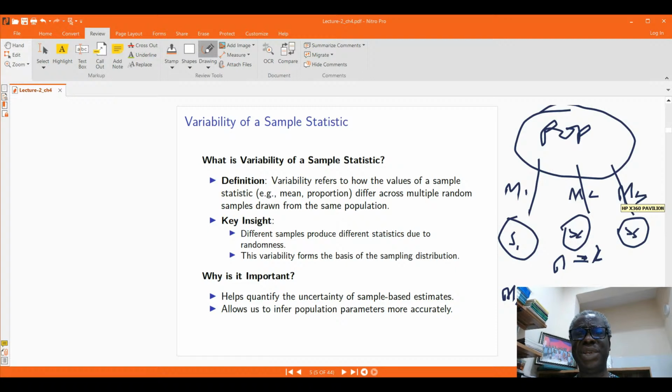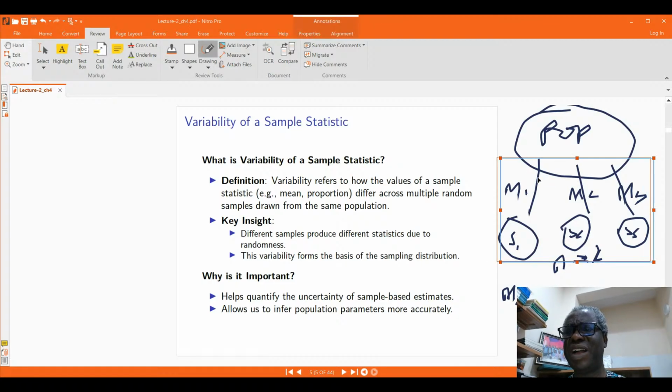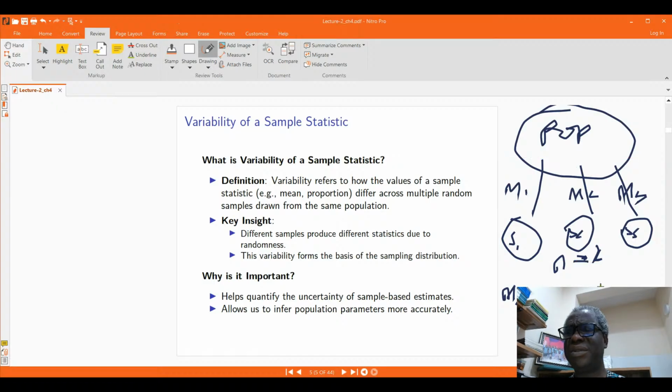So variability of the sample mean is simply the understanding of how the means vary from sample to sample.